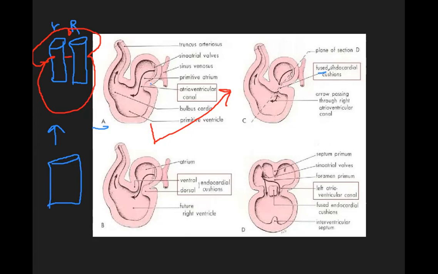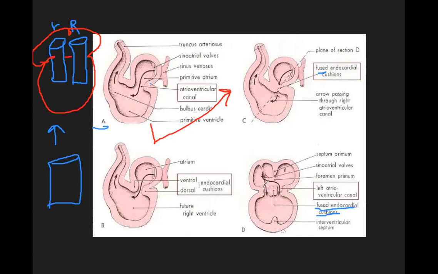After the fusion of the endocardial cushions, this is what it will look like, and this is what it will look like in this sort of a section. Now this little square structure over here is the fused endocardial cushion.